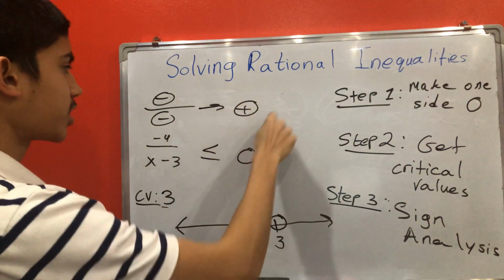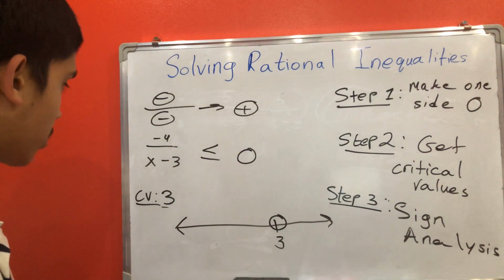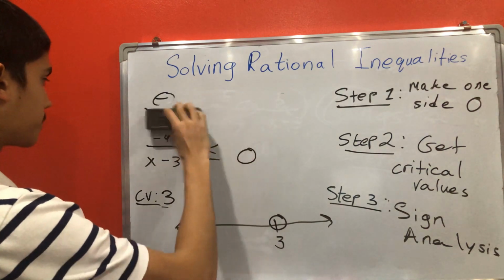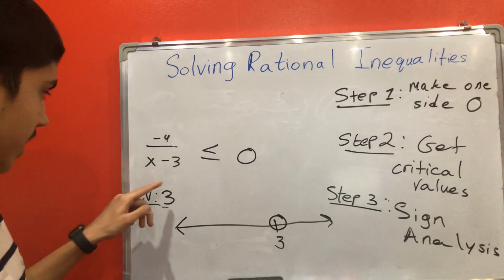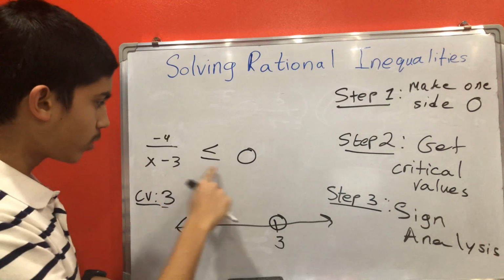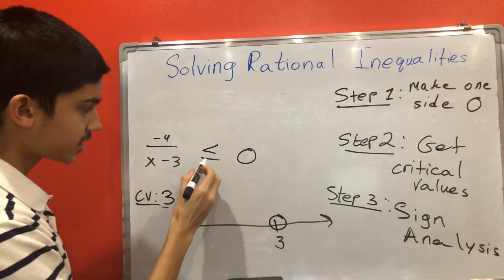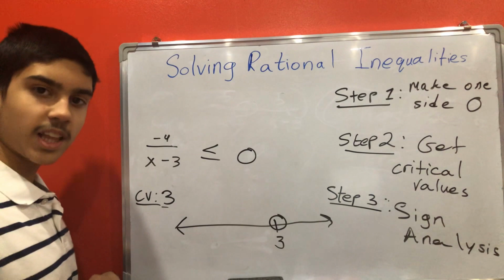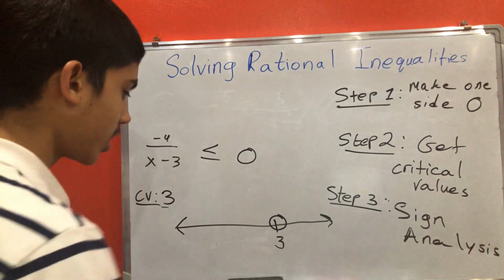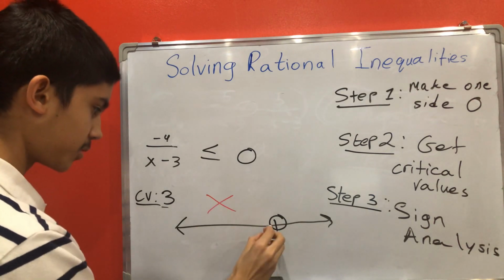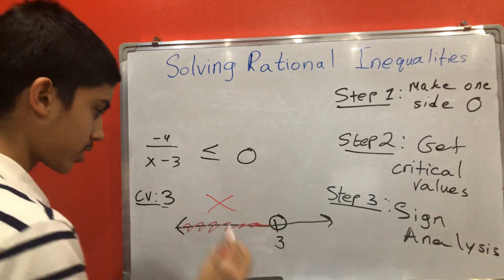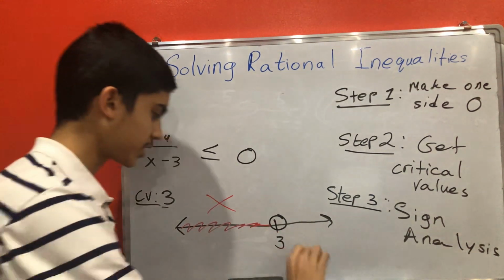So our total fraction is going to be positive. If we have a positive value for this rational inequality, then we don't want it because it's less than 0. When something is less than 0, it's negative. So we're actually going to put a big X for all of these values. So none of these values will work. We just have to test one case.